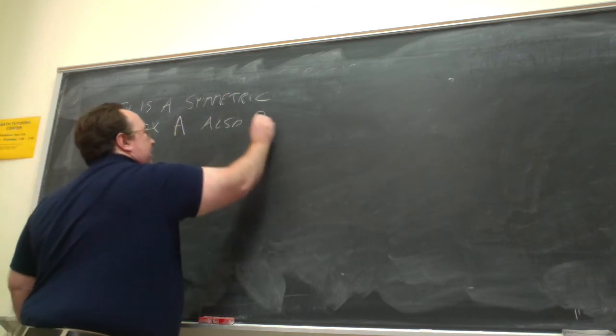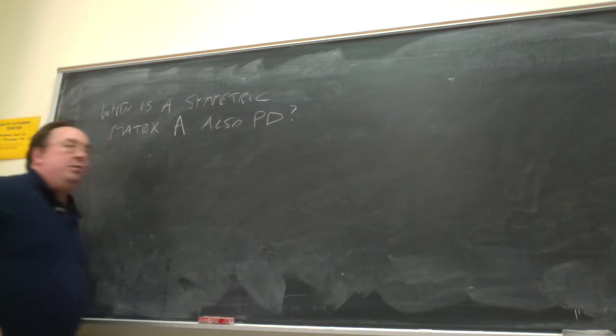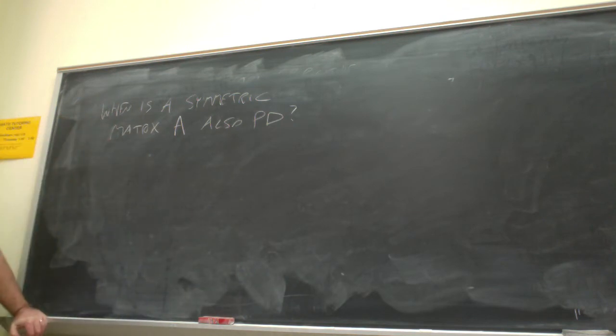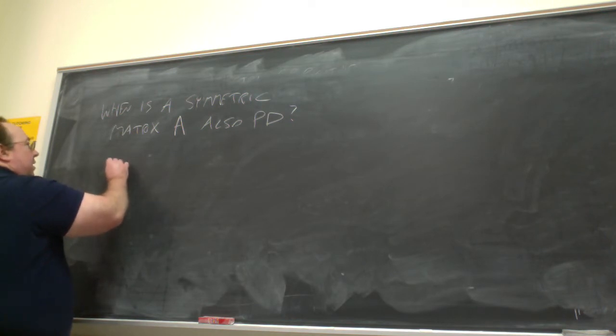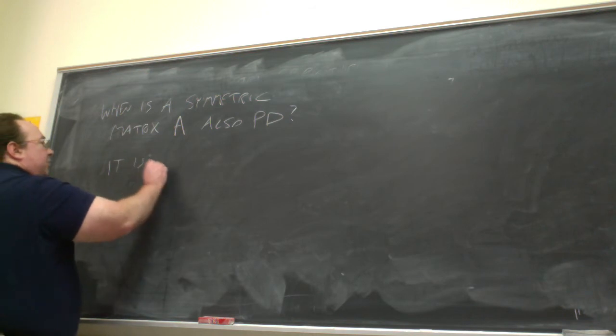So if a given matrix is symmetric, how do we know that it's also positive definite? Because the definition that I gave is not easily checked: making sure that X transpose AX is positive for all the infinitely many non-zero vectors X out there. So here's what we can say.